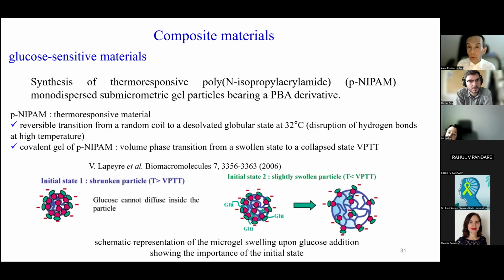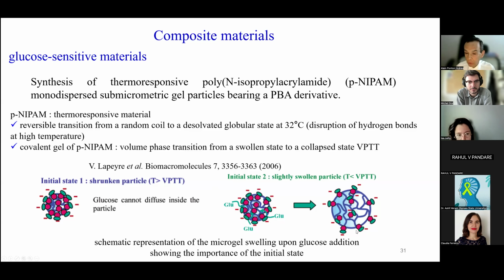This kind of composite could be used to act as a sensor, or typically it is used for the detection of glucose. So here you have a thermosensitive material, and depending on the temperature, you can have a swelling or a deswelling of this microgel. In case of deswelling, glucose can diffuse, and in case of swelling, glucose is trapped inside the microgel.